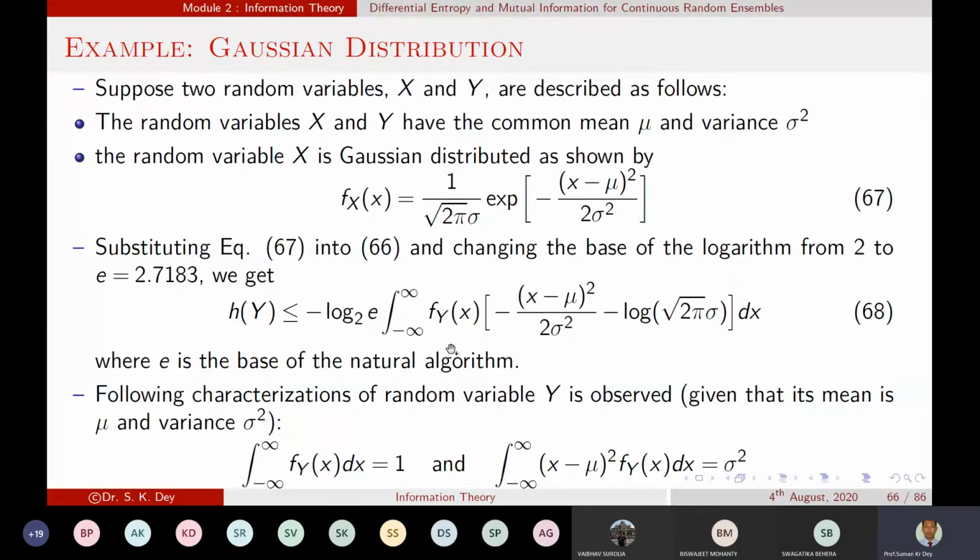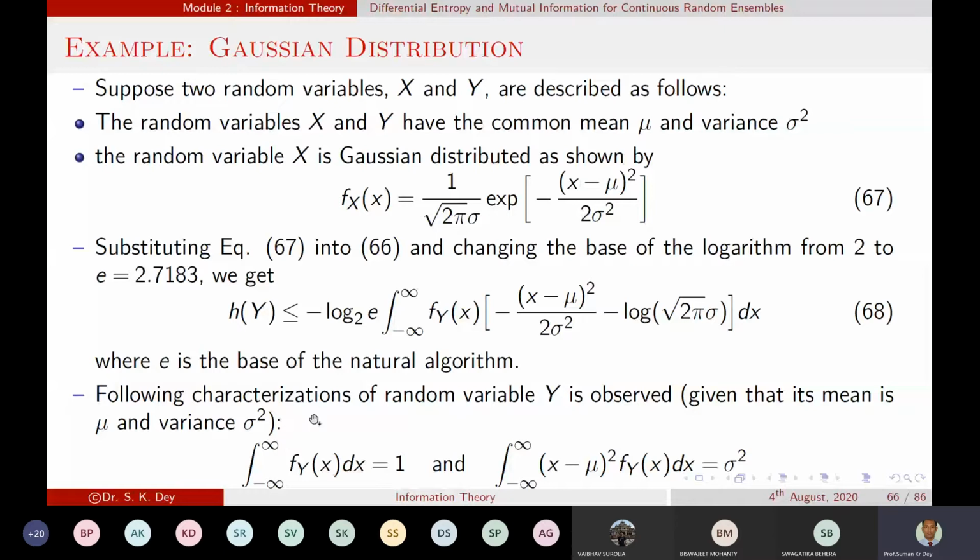Now after getting that expression, in probability theory there are some characteristics of a random variable, and we will see in this equation it is showing the probability density function integration equal to 1.